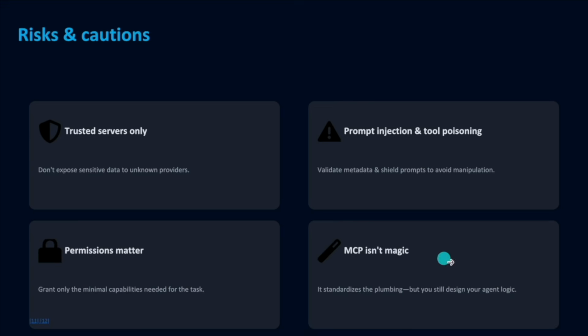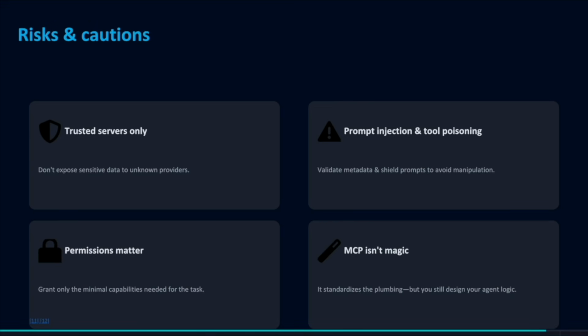Permissions, very, very important. And one thing to keep in mind is that MCP is not magic. It standardizes the way your agent communicates with the MCP server and discovers the tools and resources, but your base security and authentication always remains the same.